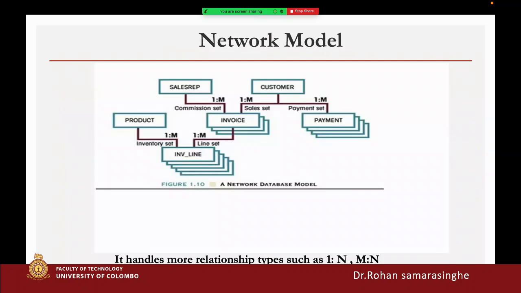Then the network model. In the network model, you can see one to m relationships like this. So it may have a network, but there are some difficulties. It handles more relationship types such as 1 to n and m to n.